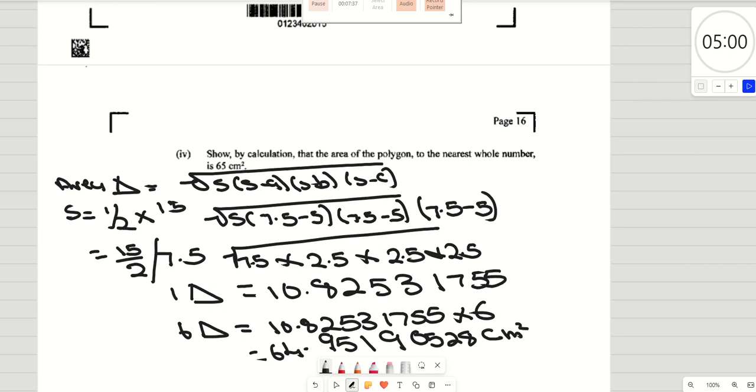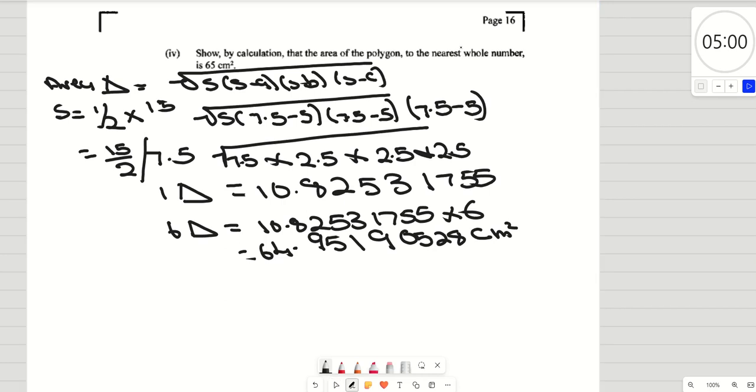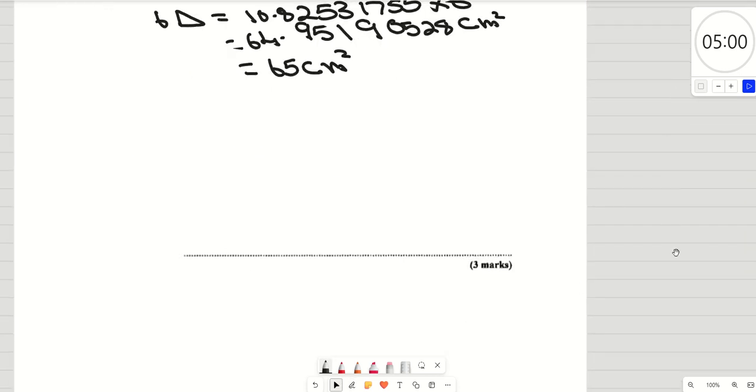Right, that's centimeters squared. But they said they want it to the nearest whole number. So if you approximate this to the nearest whole number, it will be 65 centimeters squared. And that would be how we would do this question.